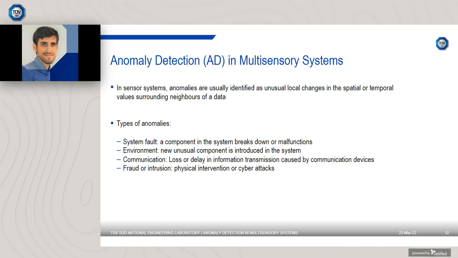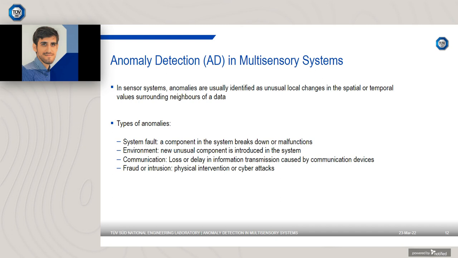When we talk about anomalies in sensors, we refer to unusual local changes in the spatial, spectral, or temporal values. This is to say that the surrounding neighbors of the data have some unusual changes. This is the case for the multisensory system, and we have different types of anomalies for it.